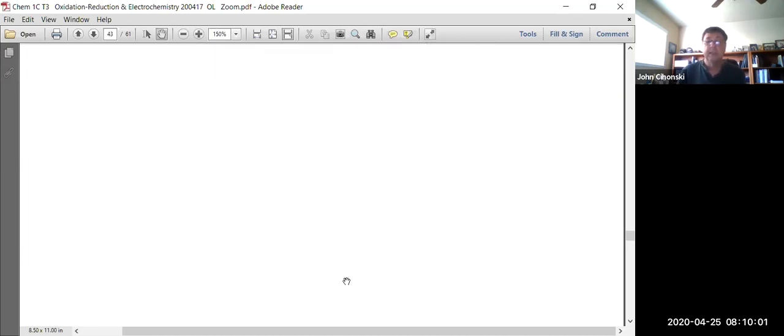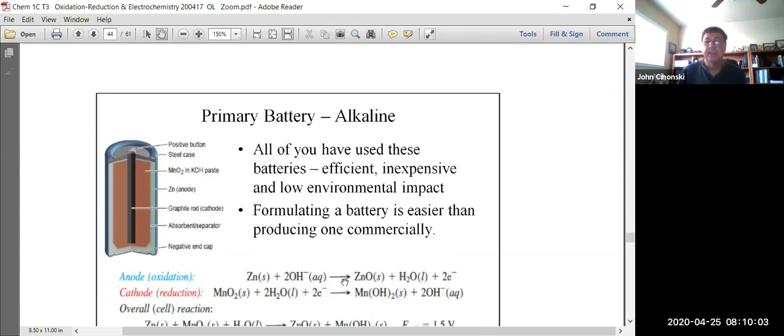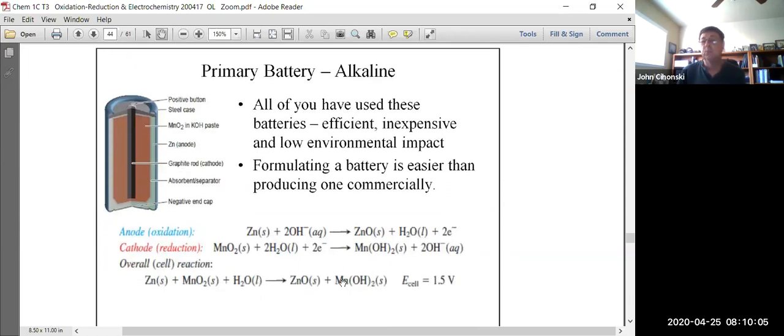Now, in your textbook, they cover more examples than we are going to talk about. And you feel free to read and get whatever information you want in addition to this. But I just want to point out some subtleties that we don't realize whenever we look at a battery. Now, first one is the alkaline battery.